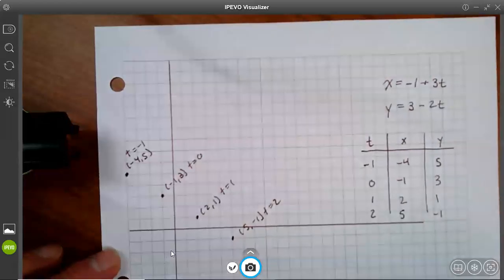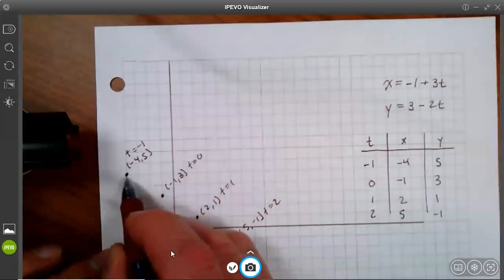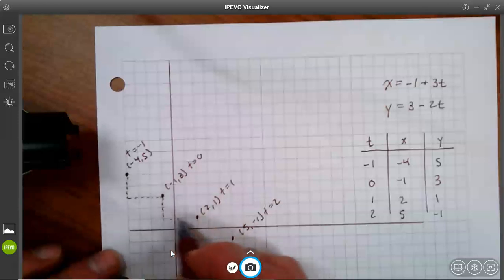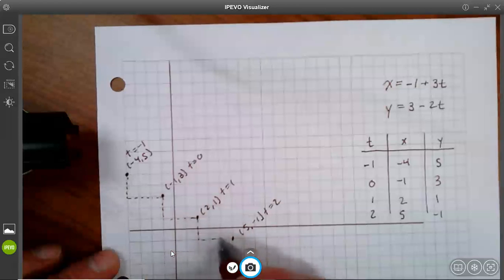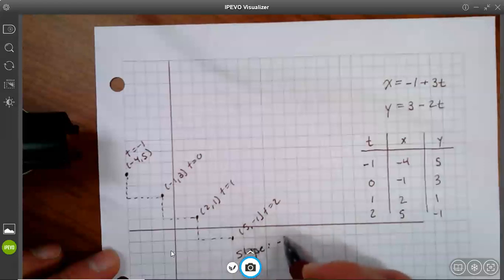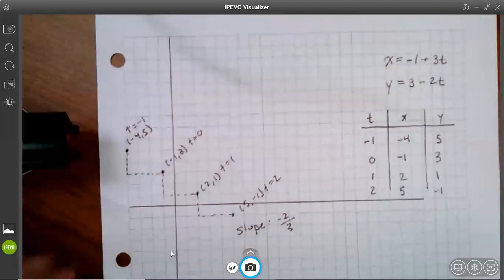So in this particular case, notice our points are all in a straight line. And you can kind of see this because it's down 2 over 3, down 2 over 3, down 2 over 3. The slope is -2 over 3. So it's a straight line.